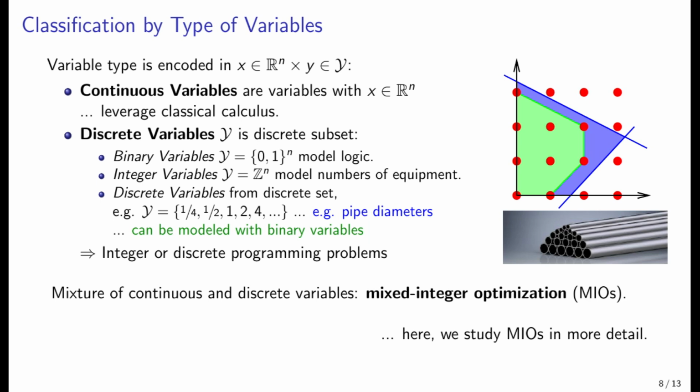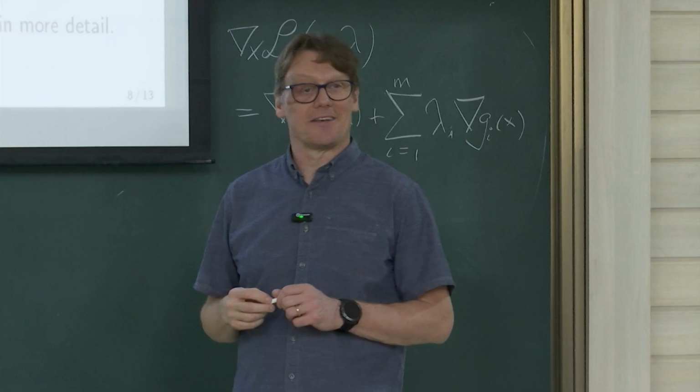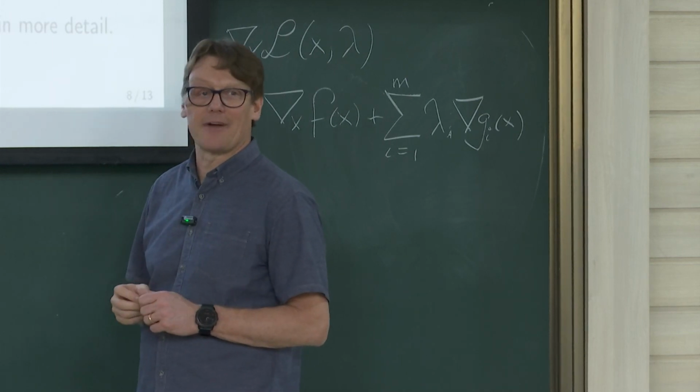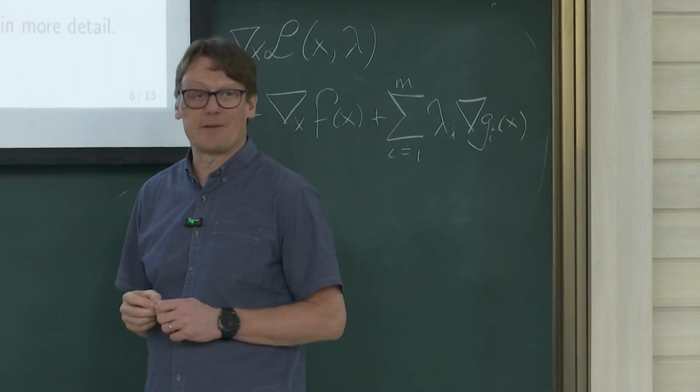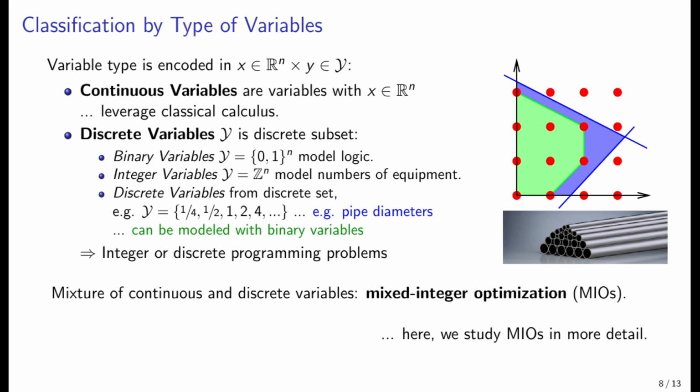They could also be discrete variables that are, for instance, pipe diameters. And so Professor Mahajan, or Ashutosh, will later on tell you about a problem that arises in the design of a water network where you have, in fact, potentially discrete pipe diameters.